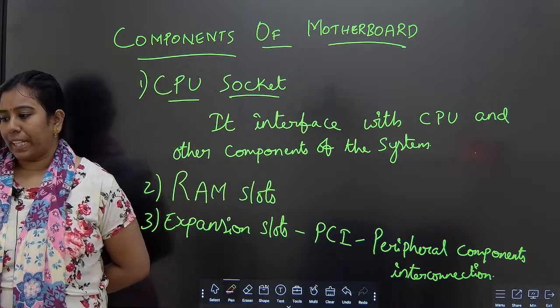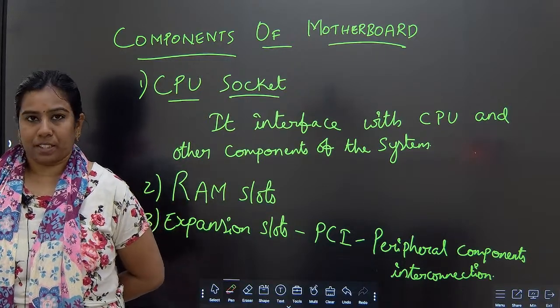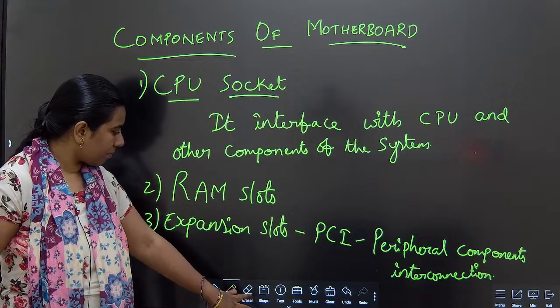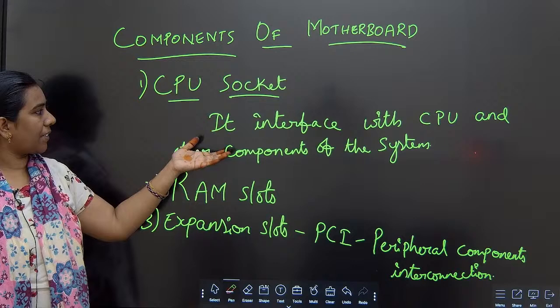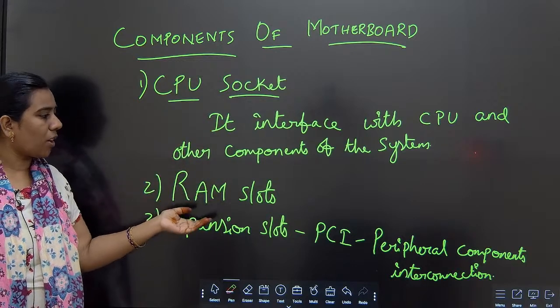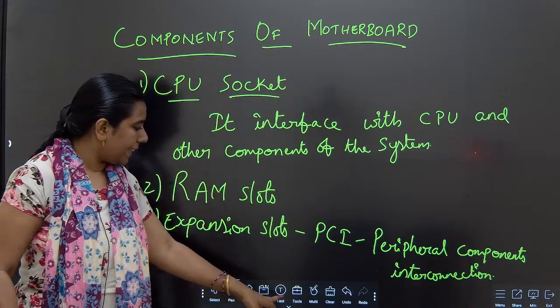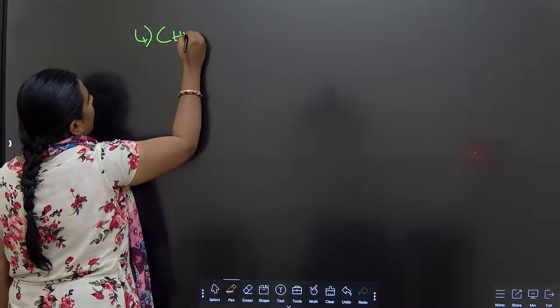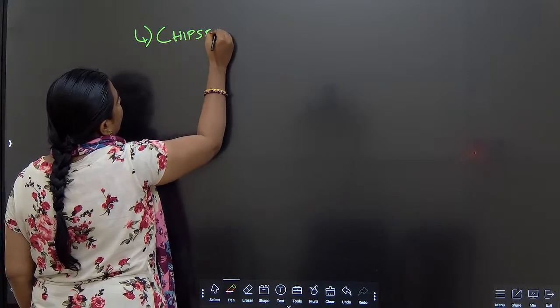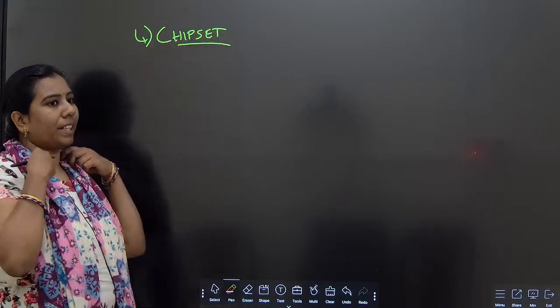Okay, next is the chipset. So in the components of the motherboard we have seen the CPU socket, RAM slots and expansion slots. Next is the chipset. So what is this chipset?